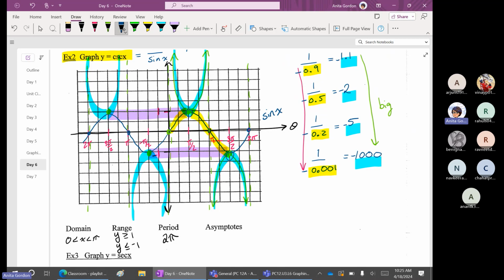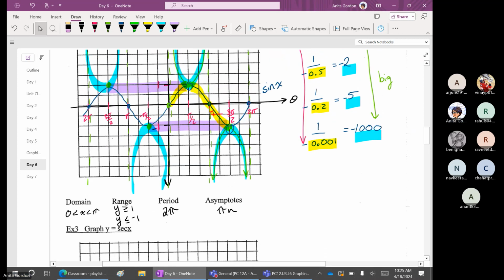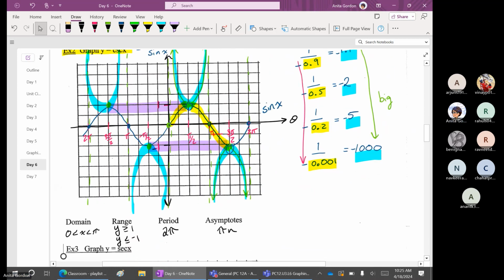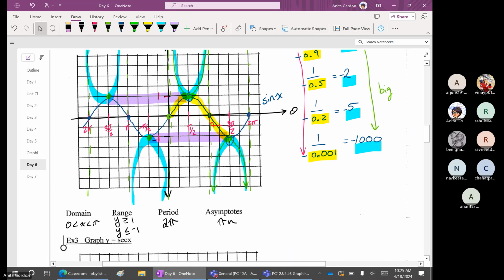Okay, and asymptotes. What's the pattern for the asymptotes? Ready for the next one? That is just for the initial one.